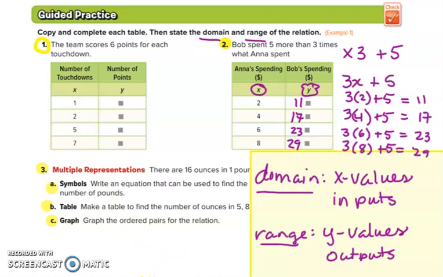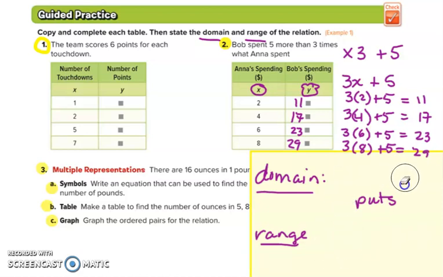Let's name our domain and our range in this problem. The domain is, and we're just going to put these in parentheses, 2, 4, 6, 8, and you don't go any further. You don't assume anything more than that.